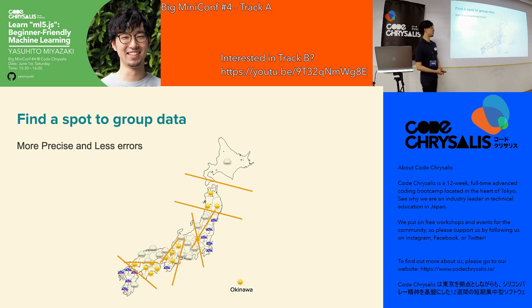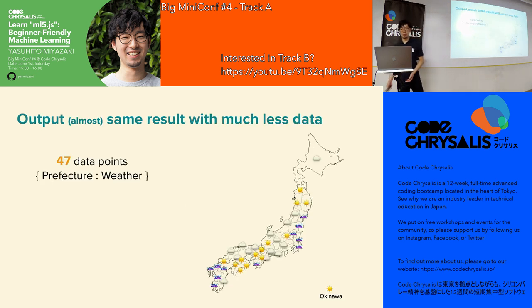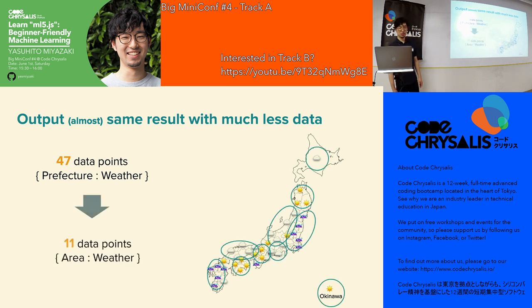So machine learning will try to find a way to group the data more precisely with less data. In Japan, there are 47 prefectures. Instead of remembering all prefectures separately, you can now remember only 11 by making prefecture areas.